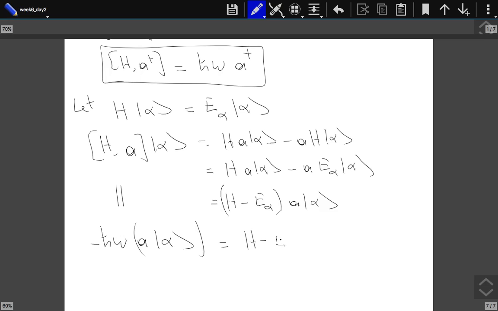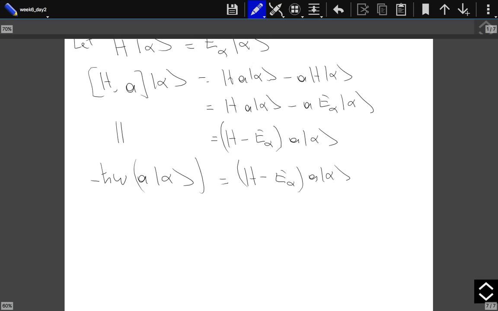This is equal to H minus E alpha, a alpha. But you see, that means that H acting on a alpha should be equal to E alpha minus h bar omega.